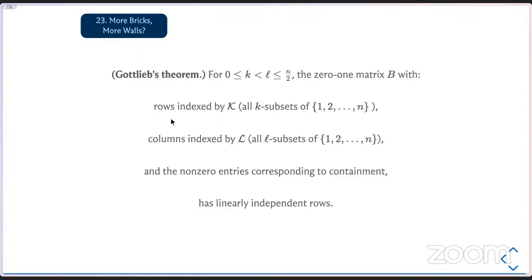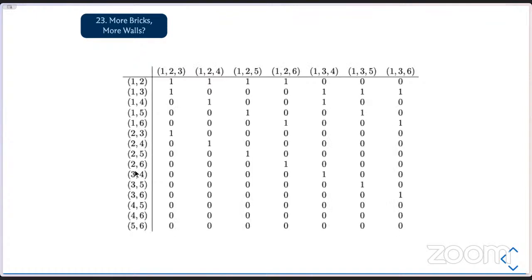And you have a 1 between i and j if you have containment. I couldn't make the whole thing fit, but here is an example, the miniature one. You have 2-sized subsets of 1 to 6 on the one hand, and 3-sized subsets of 1 to 6 on the other. So the rows are 2-sized subsets, the columns are 3-sized subsets.